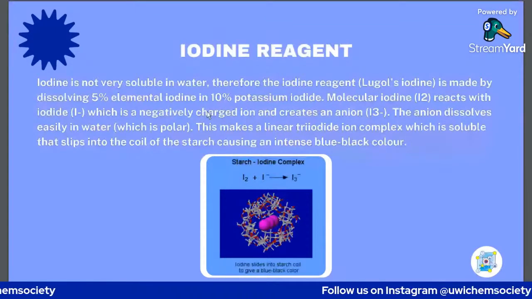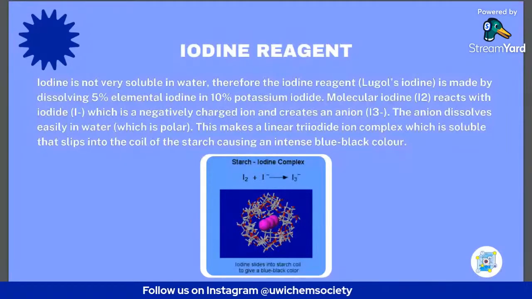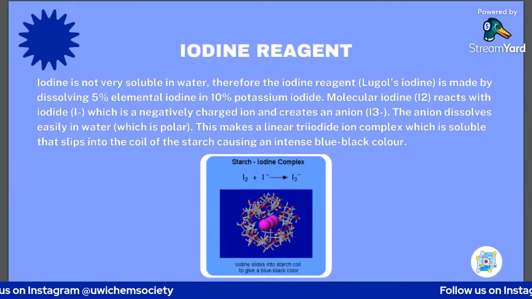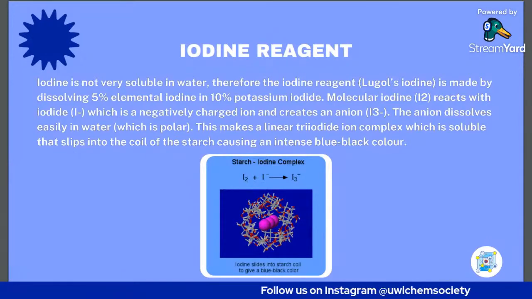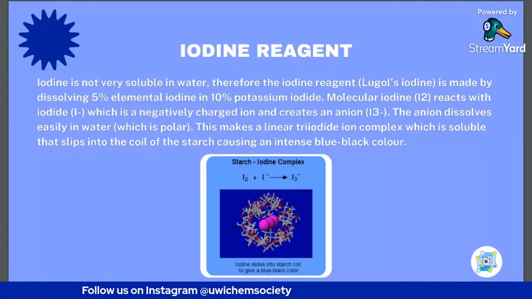So if you put it in water, it won't dissolve. So the iodine reagent that we're using, known as Lugol's iodine or Lugol's reagent, is made by dissolving 5% of your elemental iodine in 10% potassium iodide.